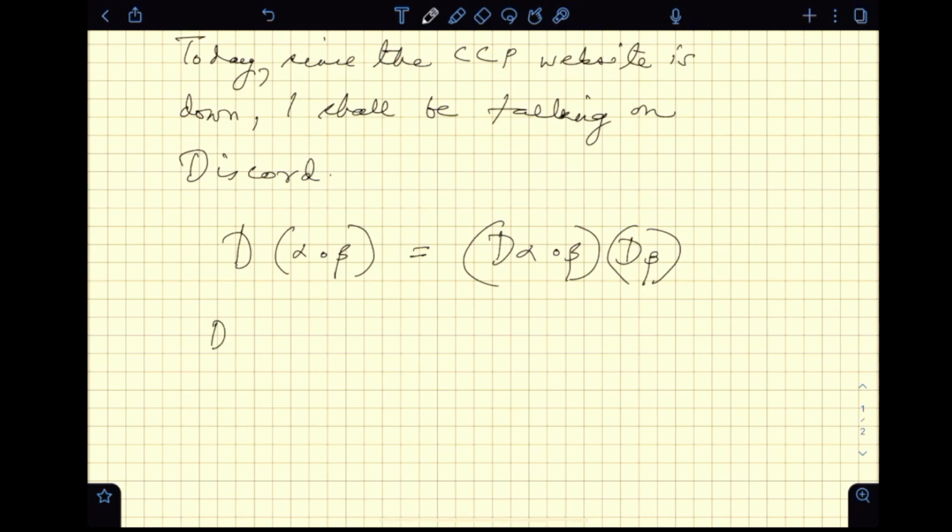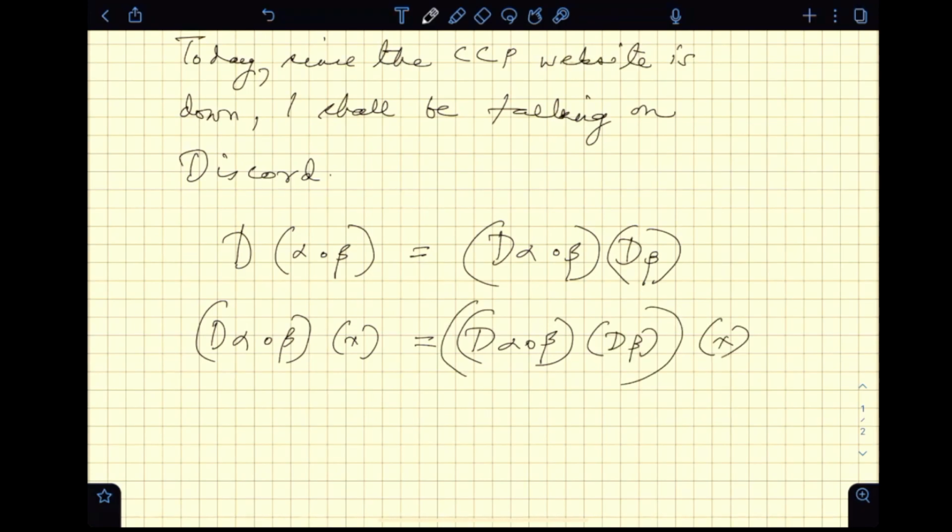Note that if I evaluate it at a point x, which is in the set of inputs of beta, what I would get is the following.